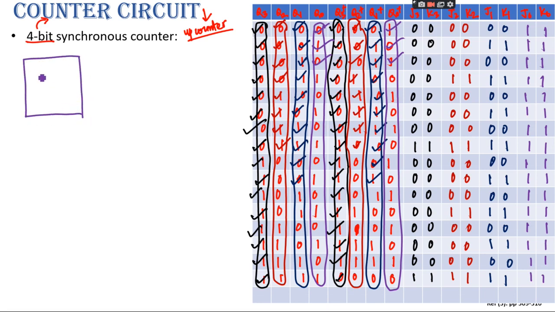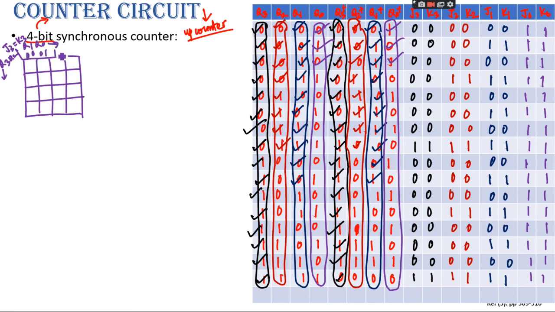So now if I do the K-map for J3 and K3, since both have the same input, I can do one K-map for both inputs, and my input should be Q3 Q2 along this side and Q1 Q0 along this side.